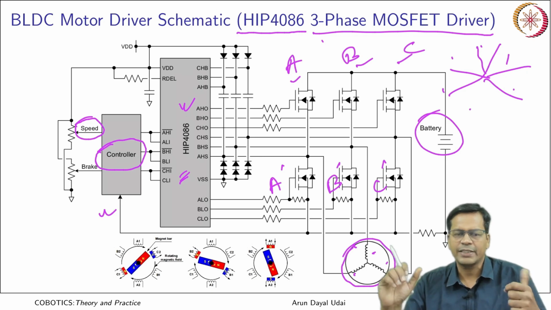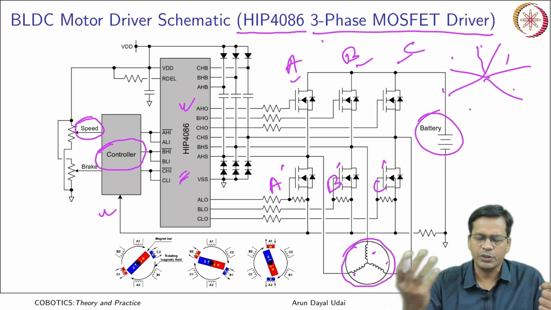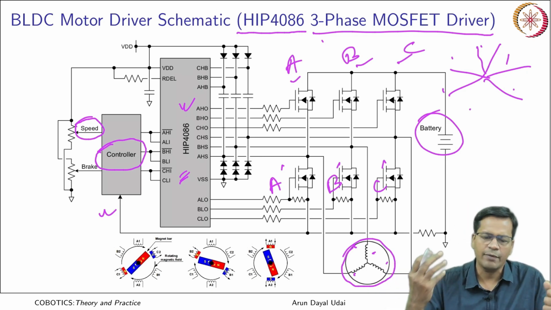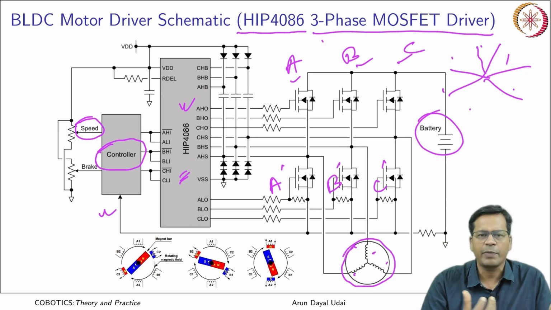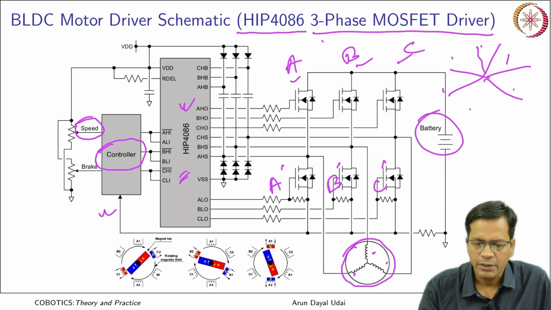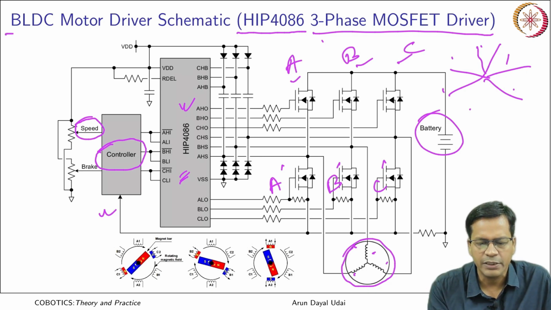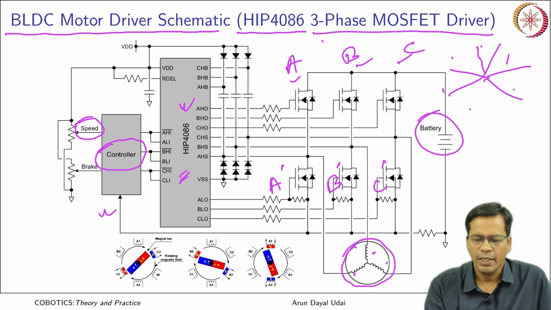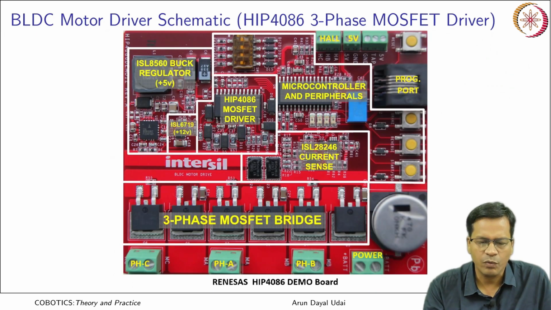So whatever state it is, that is a gross position of your rotor. You can also have a precise angular feedback using some kind of sensor, and you can make the control very precise. Okay, so this is how a typical BLDC motor driver works, and this is implemented over here in this circuit.